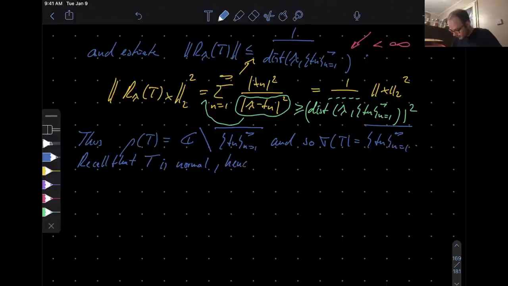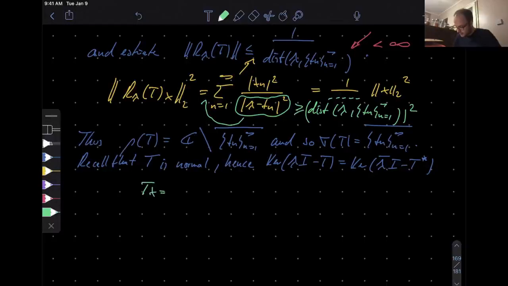Hence, the very first result in this section on the spectrum was saying that the kernel of lambda I minus T is the same as the kernel of lambda bar I minus the adjoint of T. More precisely, the first result in this section was this statement: Tx equal to lambda x, x different from 0, if and only if T star x equal to lambda bar x, right?